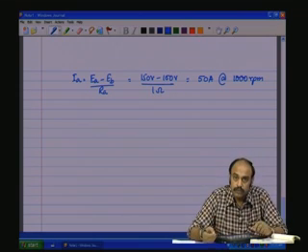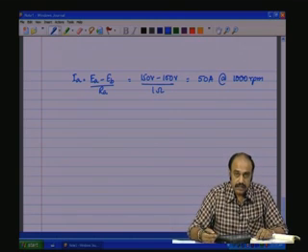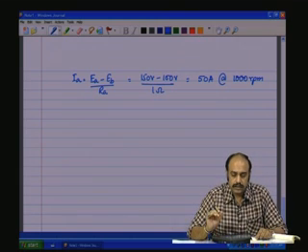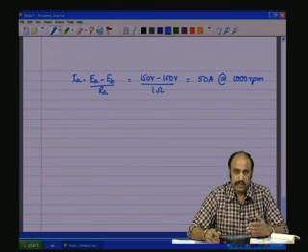So, this is how one goes about calculating the armature currents, with special importance to be given to the starting currents, because a huge starting current means that the devices that are connected along with should also handle such high starting currents.